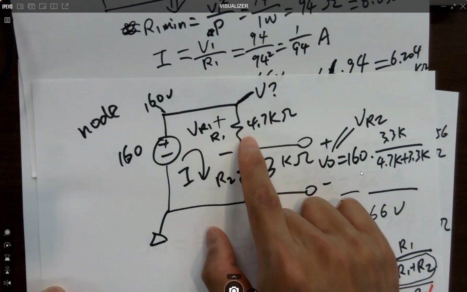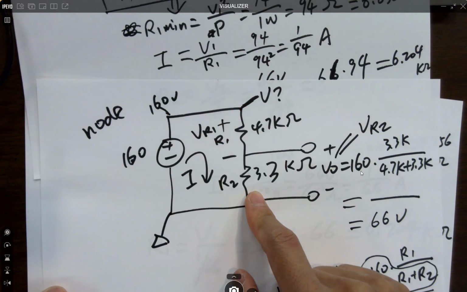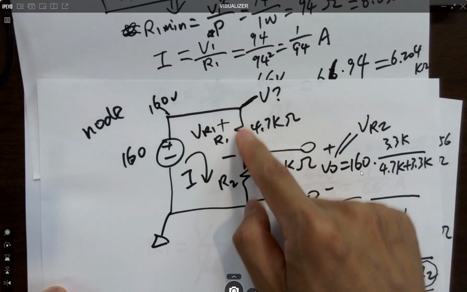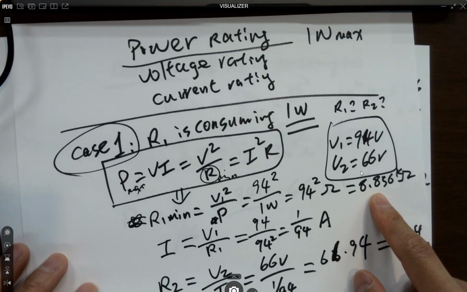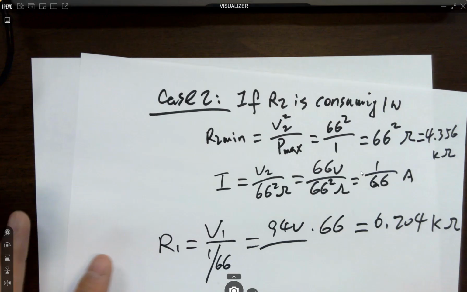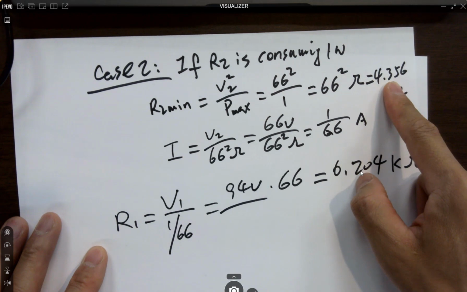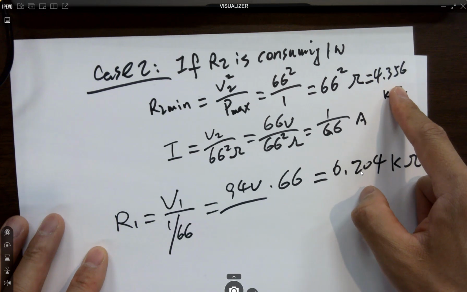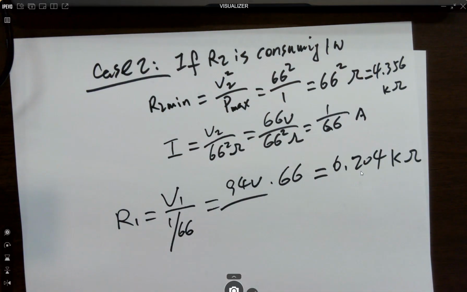Because the V's are given, V1 is 94, V2 is 66, so this resistor must be bigger than this. If you come back, take a look. R1, 8.8. R2, 6.2. Satisfies. R2, 4.3. Did we calculate it wrong? R1.